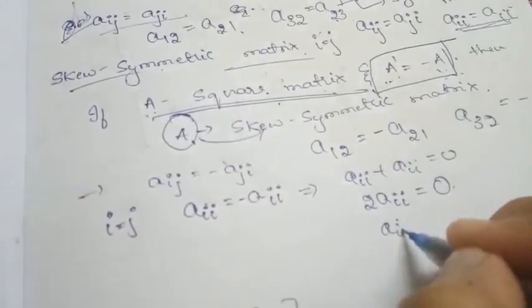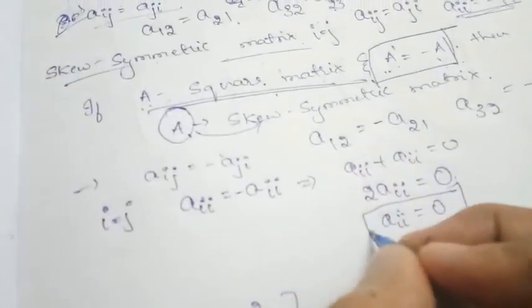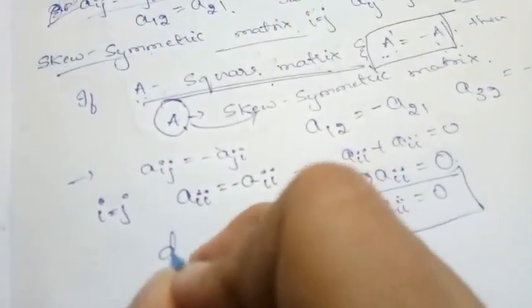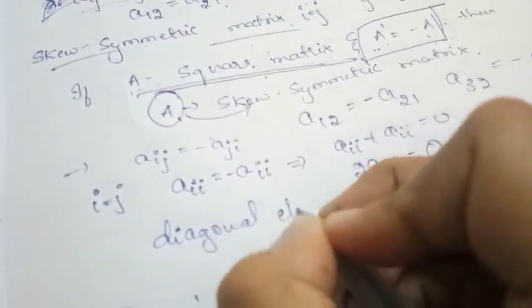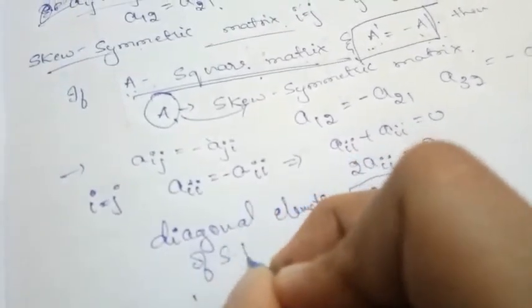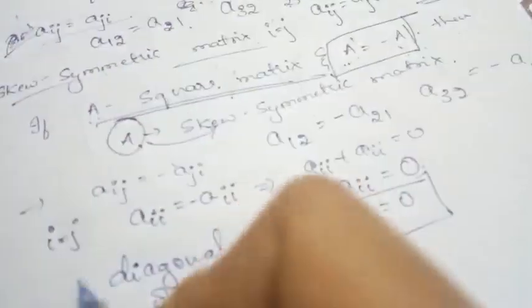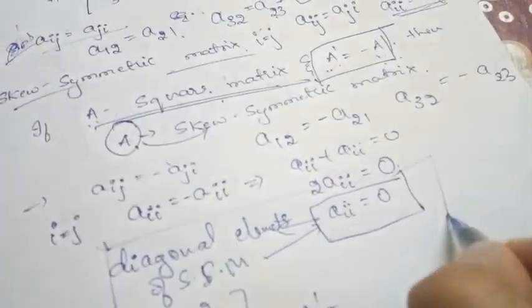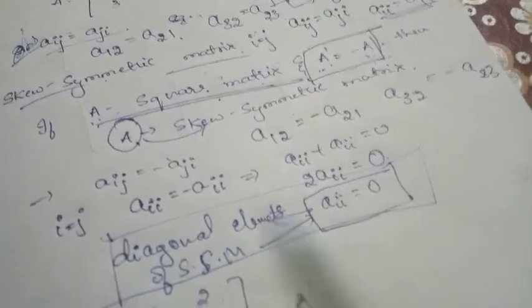That is nothing but Aii is equal to 0. So Aii is equal to 0 directly implies that the diagonal elements of a skew symmetric matrix are equal to 0. So make sure in a skew symmetric matrix the diagonal elements are equal to 0.